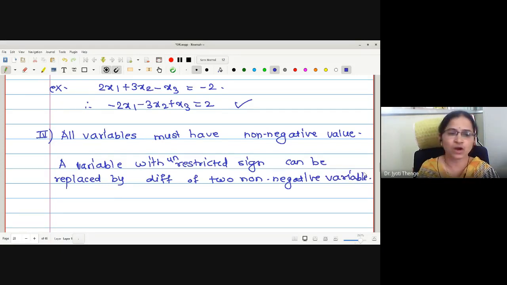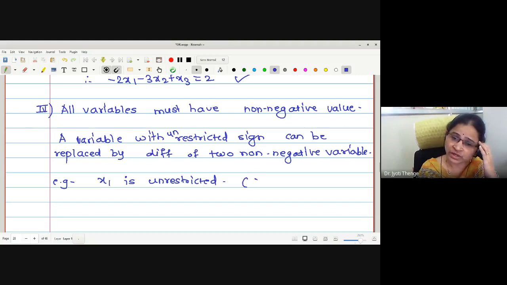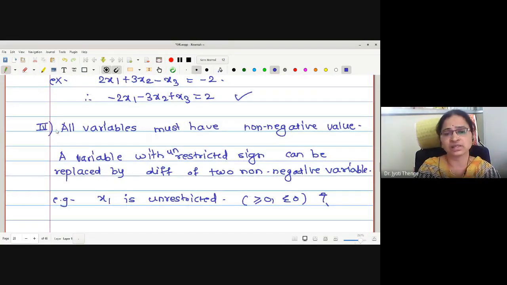Let me explain how this is so. For example, suppose a variable x1 is unrestricted. Right? Means we don't know whether the value is non-negative or non-positive. We don't have any idea. It is not given. It is not restricted. But what we want in the standard form, all the values should be non-negative.